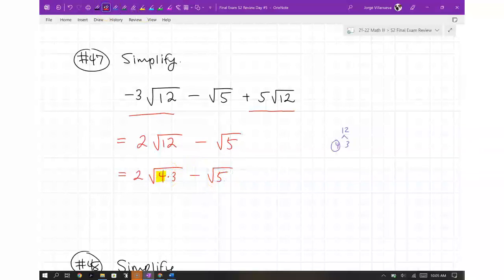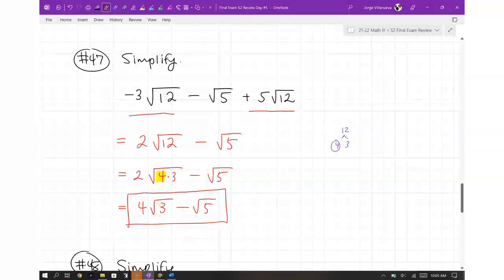It's going to become a 2 when I take it out. So that becomes 4 radical 3 minus radical 5. All right, so that's my answer for 47. Any questions on that one?